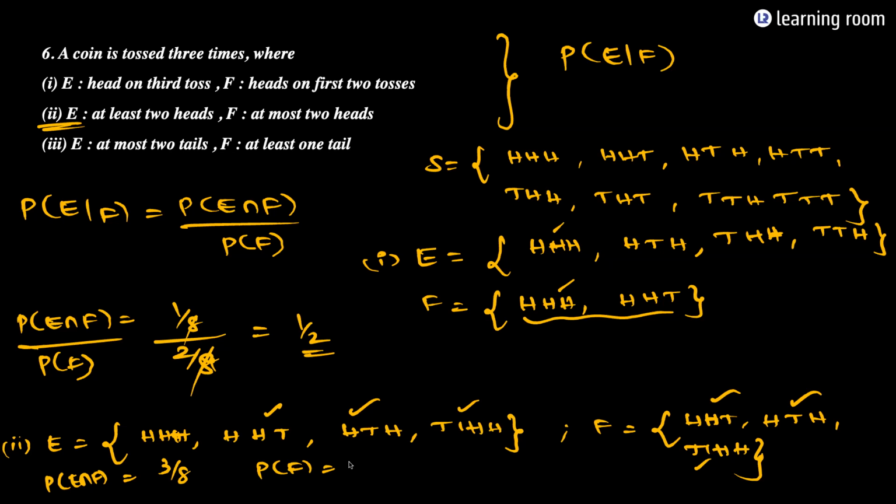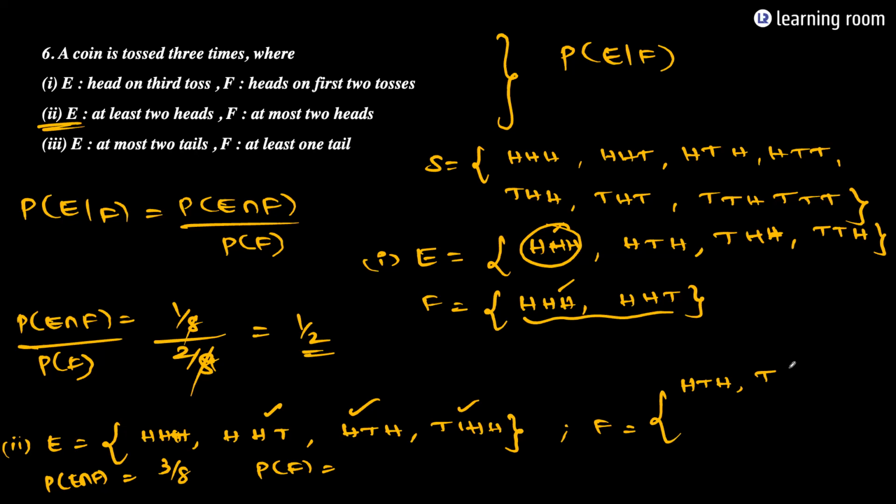3/8, no. There is a mistake in what I wrote. Tell me, what is it? There is a mistake in F. They said at most two heads, which means the minimum can be 0 heads also. So at most two heads, except head, head, head, I can write everything. Correct?